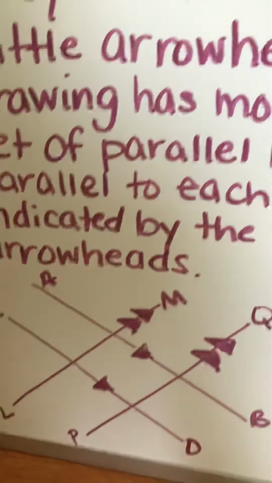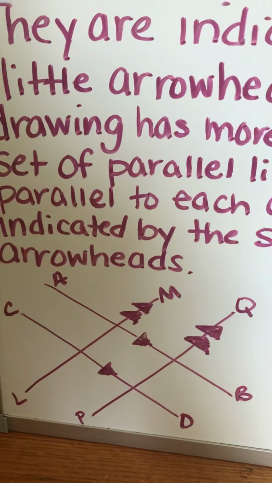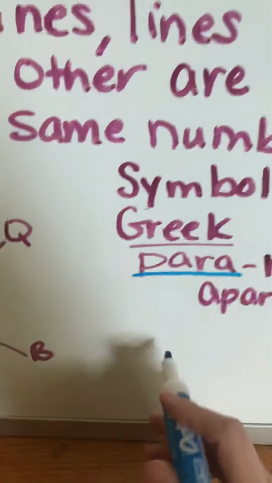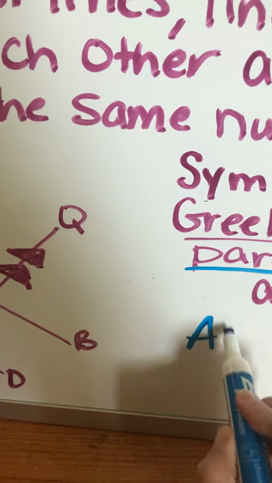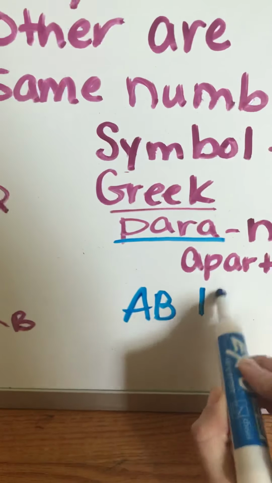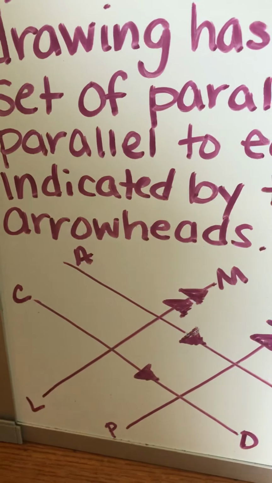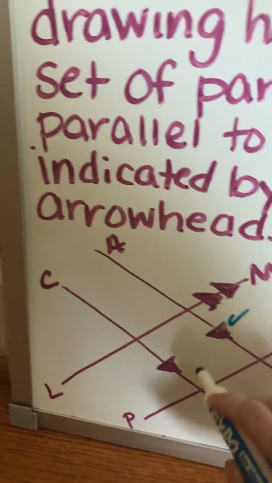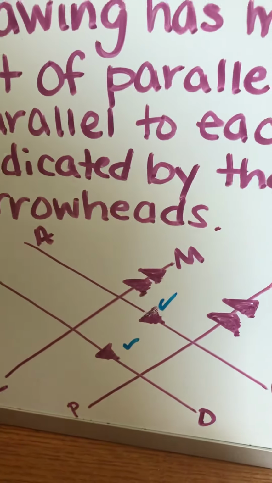Okay, so I'm going to come back over here and I need to write this down now that we know the symbol. So we said that AB is parallel, there's my symbol, to CD. Okay, so we did this one. Check those off. Now we're going to look at the other one.